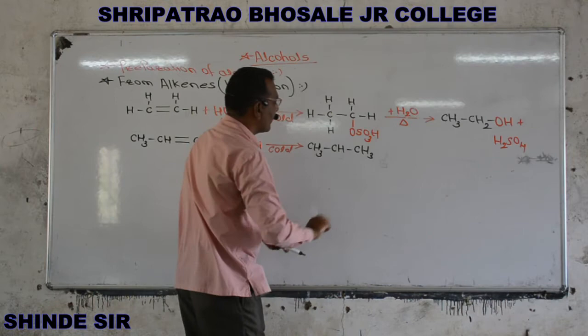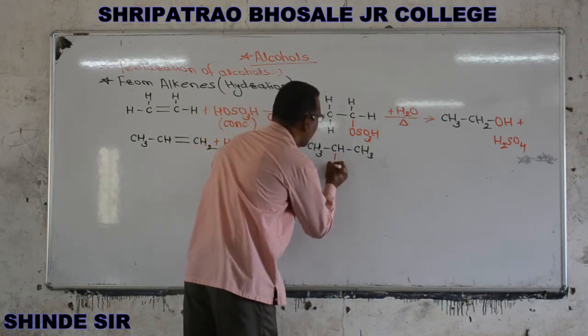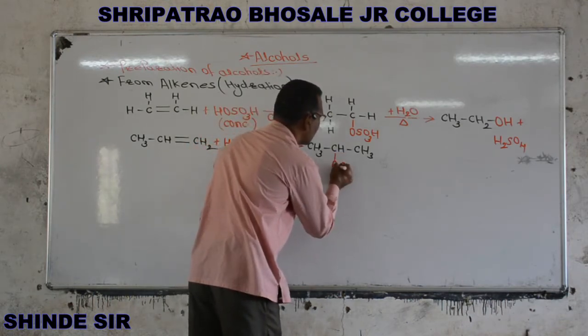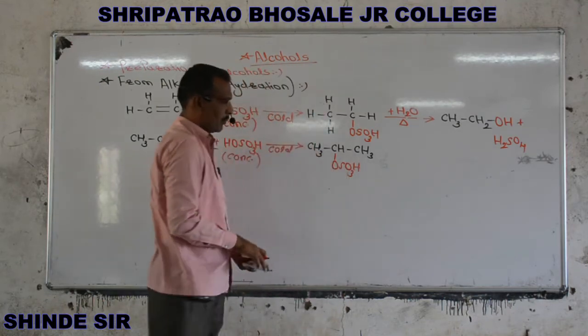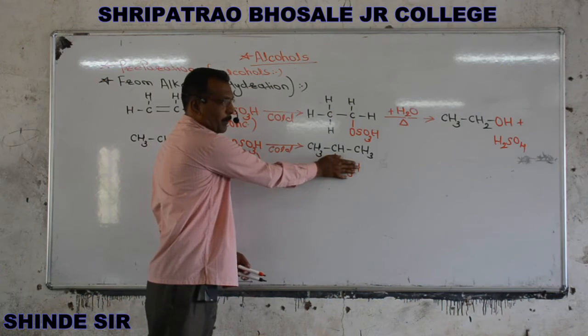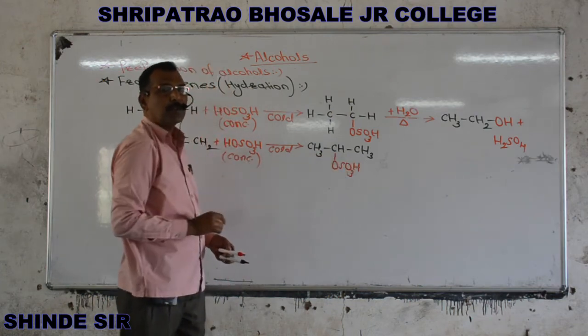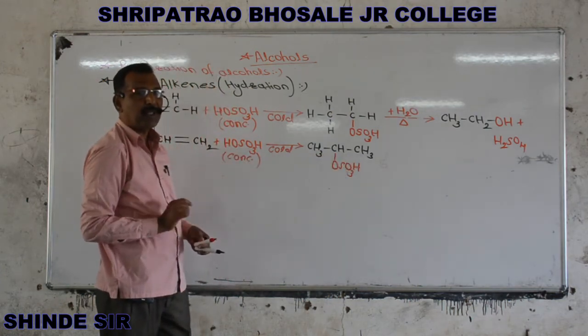Here there is addition of hydrogen sulfate, and so this compound is formed, that is the isopropyl group. So the name of this intermediate is isopropyl hydrogen sulfate.